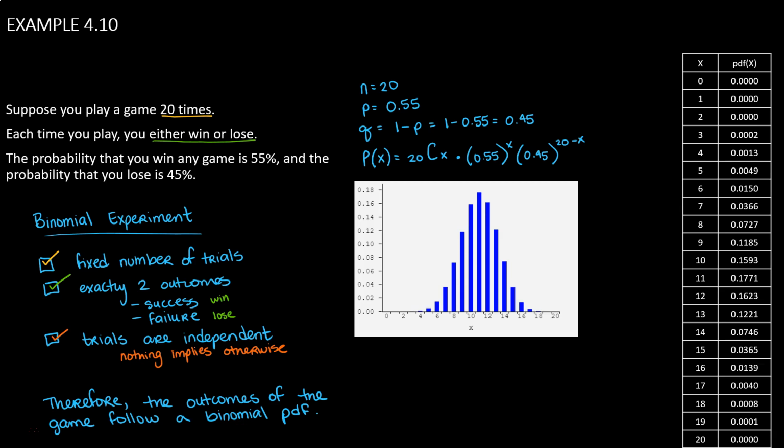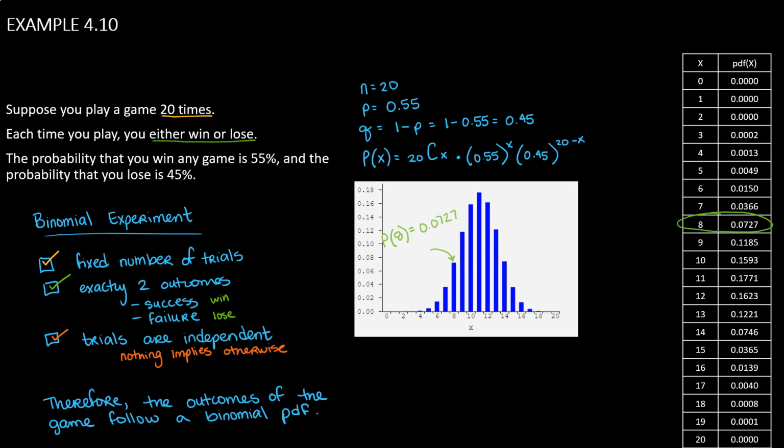We have a bar graph that represents each of the probabilities of winning a certain number of games out of the 20 trials. We have the same information displayed in a table. Whether we're looking at the graphic or the table, we can find information like what's the probability of winning 8 games out of the 20 times that we play.